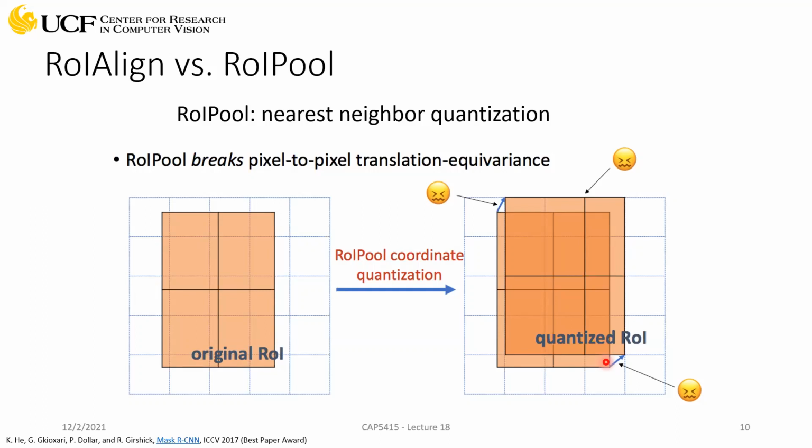But now we want very precise boundaries around the subject. If we do these approximations in the feature map, then the boundaries will not be very close to the actual ground truth. So the solution should be something where we don't have to make such quantizations, such approximations.